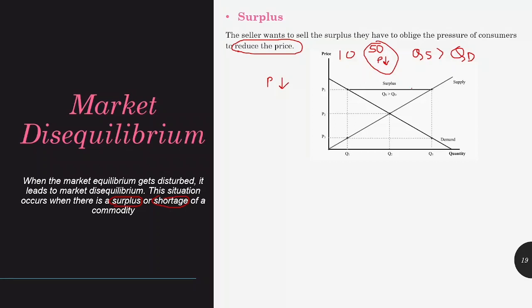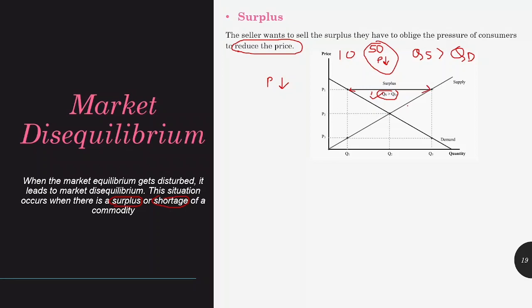So this is surplus, and graphically we can see that this portion represents your surplus. The quantity supplied is Q3 and the quantity demanded is Q1. So the seller tries to reduce the price to P2. So now the quantity demanded will increase, the consumer will buy more. So here again it shifts back to the equilibrium position.